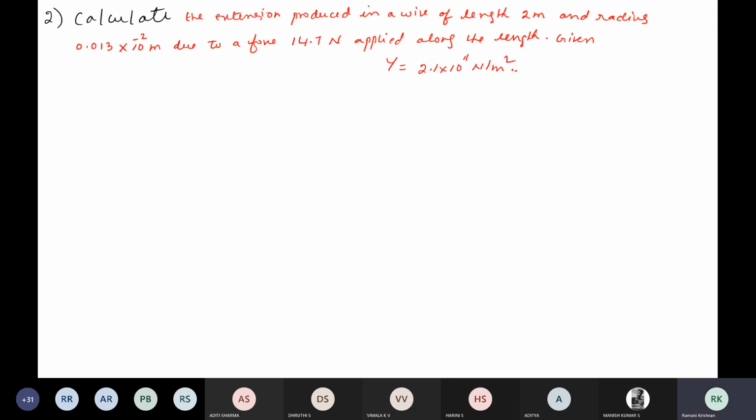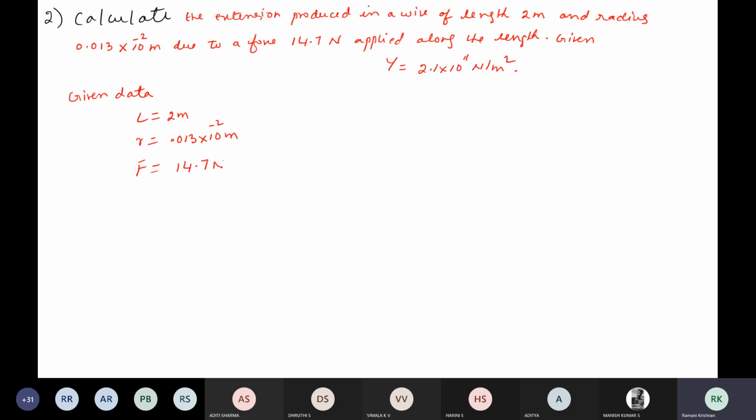Yes, students. Calculate the extension produced in a wire of length. Okay, so the given data: length is 2 meters, radius is given directly, 0.013 into 10 power minus 2 meters. Force is given, 14.7 Newton.